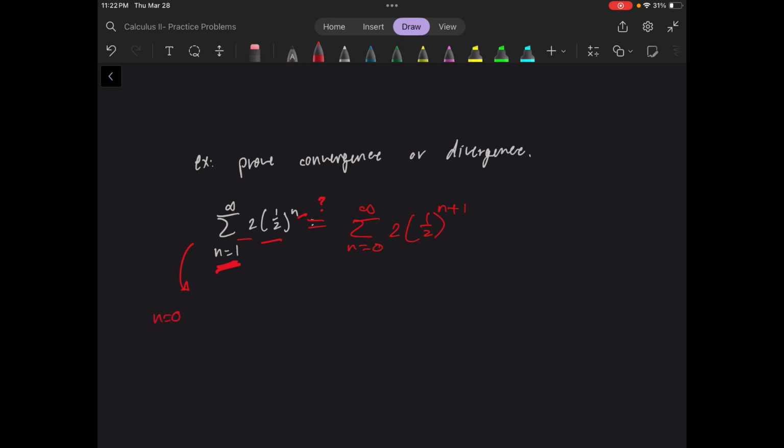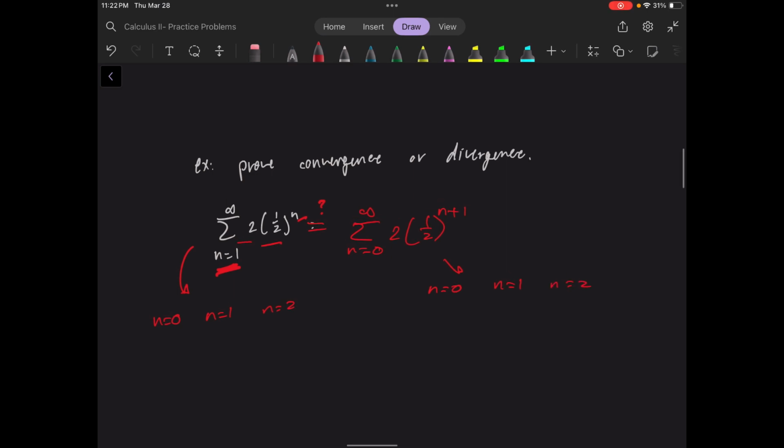Let's list the first 3 terms of this sequence, and let's also list the first 3 terms of this sequence, and make sure they're the same. The first 3 terms of the sequence on the left would be, oh, this is not the first term, because we're starting from 1. So it would be 1, 1/2, and 1/4.